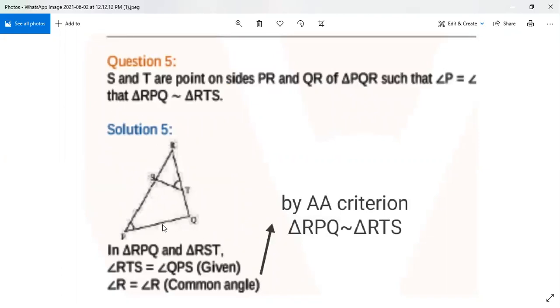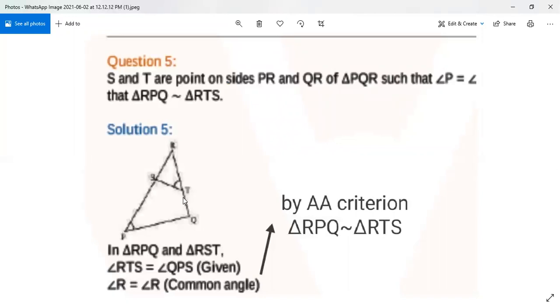Okay, so somewhat like this. This is your PRQ, in which angle P was given equal to angle T here. All right. So what are we going to say for this question now? Triangle RPQ, the given triangle, and RST.